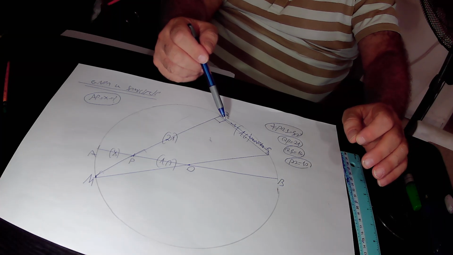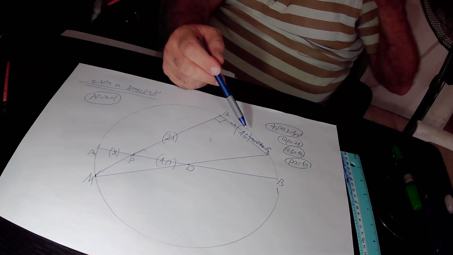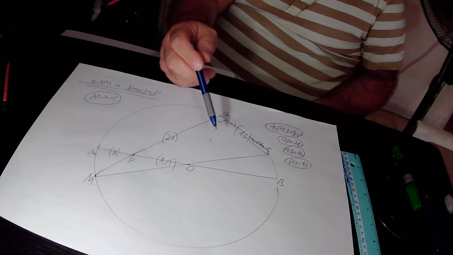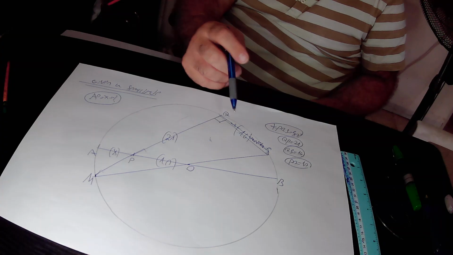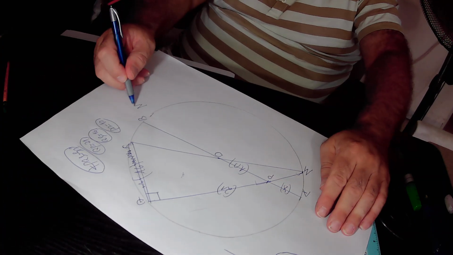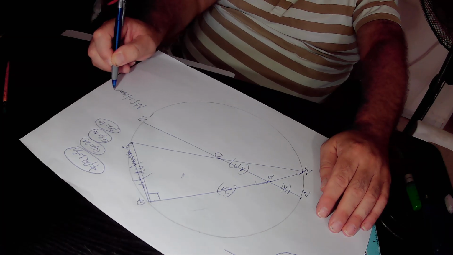Peripheral angle MQS subtends on chord MS, and therefore according to rule 5, chord MS must be the diameter of this circle. So now we found out that chord MS is the diameter of this circle according to rule 5.